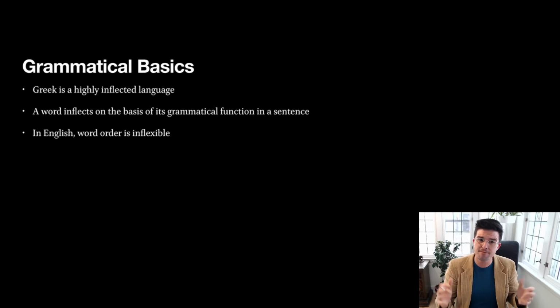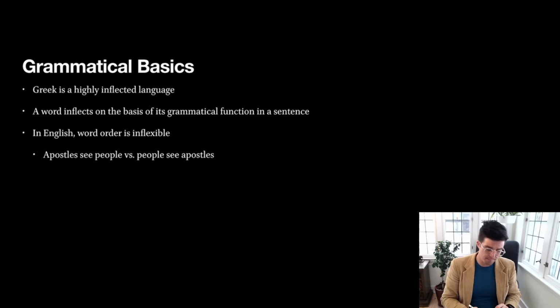This is different from English, which is not a highly inflected language, and the result is that word order is very important for making meaning in English. We say that in English, word order is inflexible. That is, it is not flexible. This is the example that Black gives in the grammar.